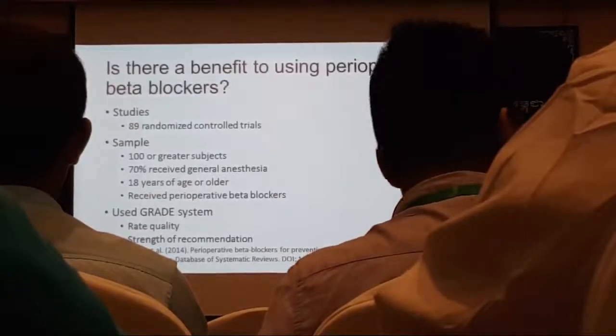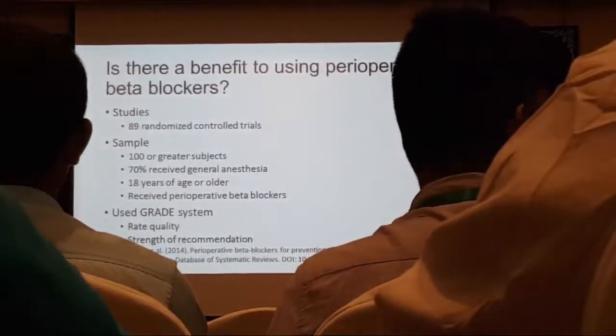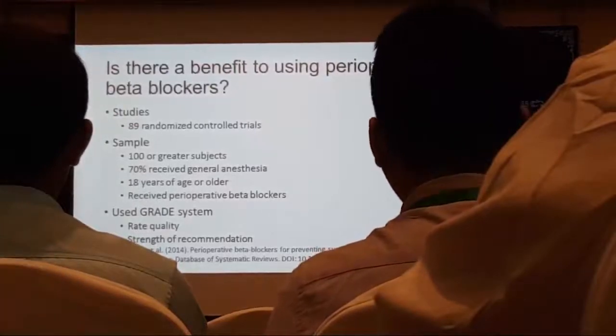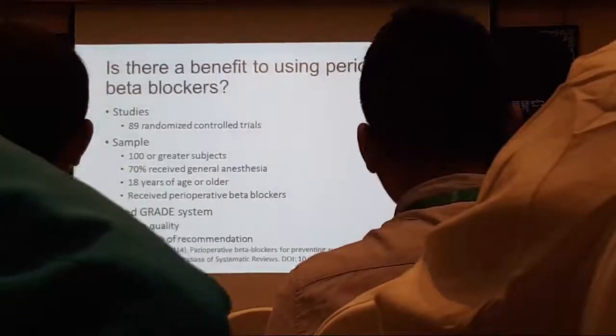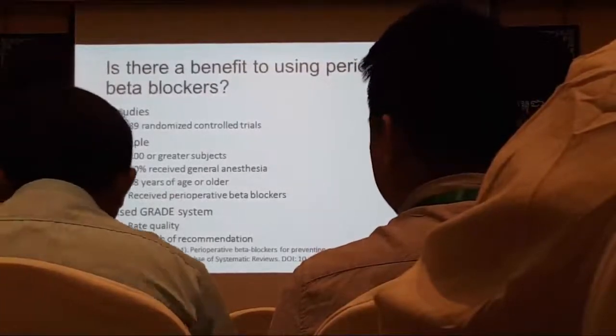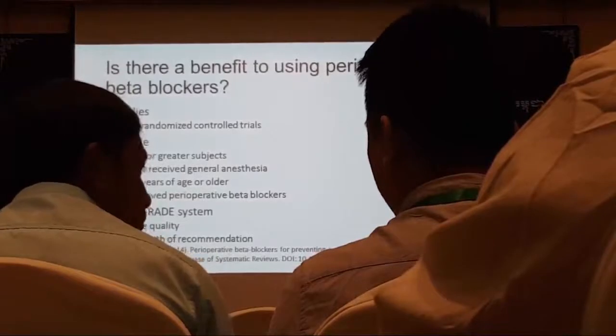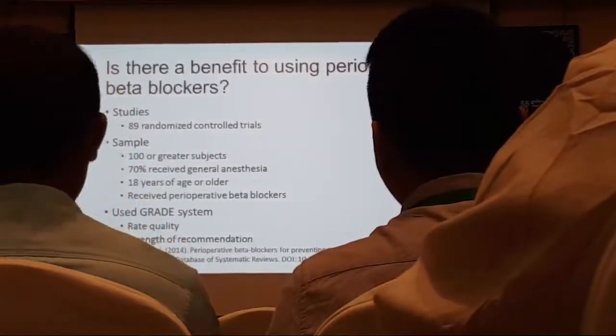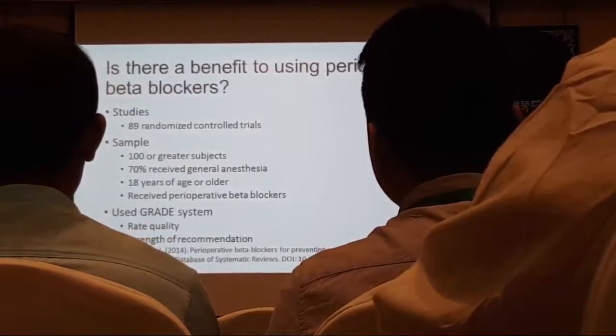And even for ERAS, we're thinking beta blockers may be helpful in terms of treating pain. But as we've looked at beta blockers, there are some research results that make us worry if we're going to use them. So we think a little bit about using beta blockers.